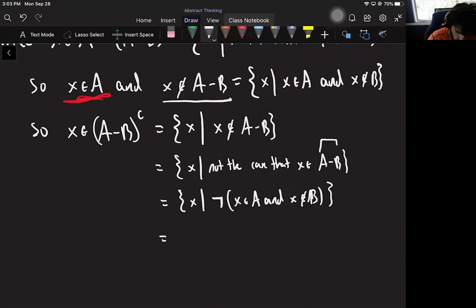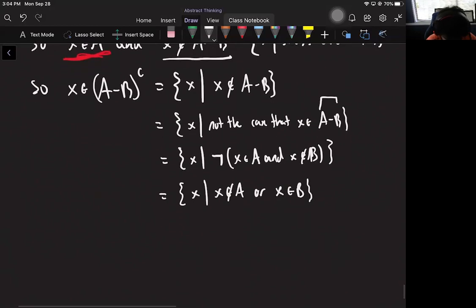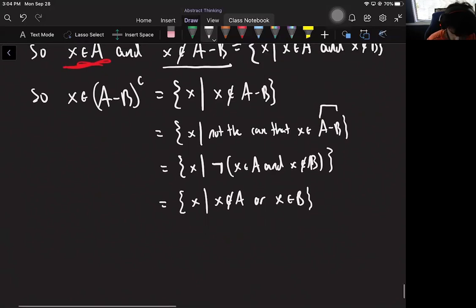So I'm saying the negation of it, which means that it's not in A or it is in B. So X is in here. So this is A complement or B.